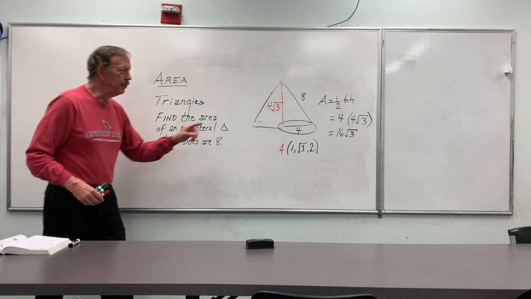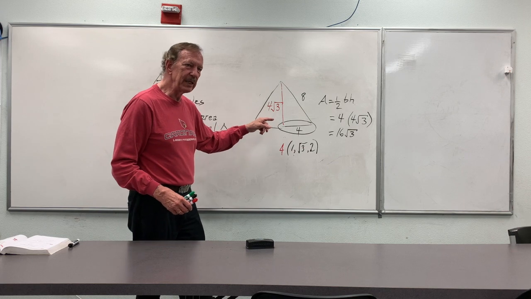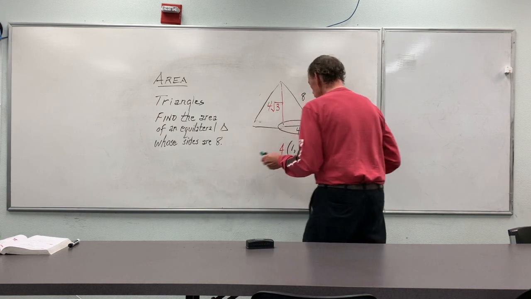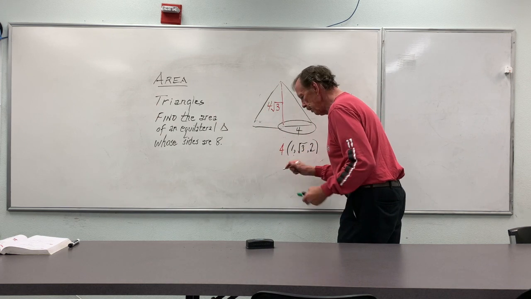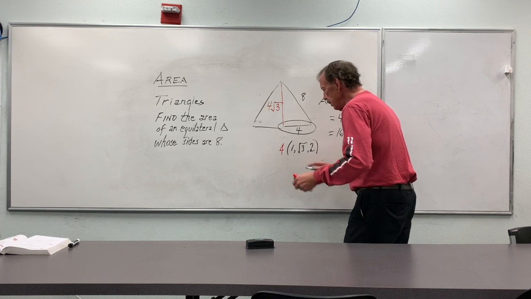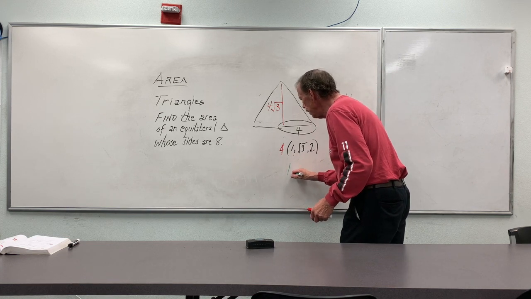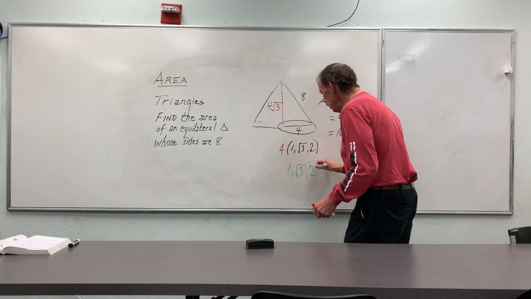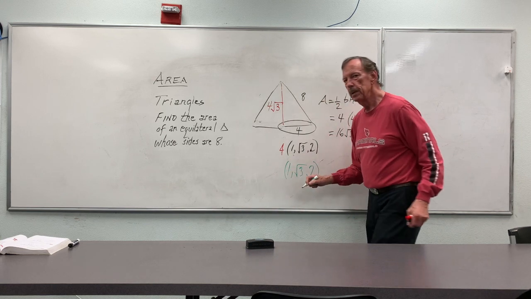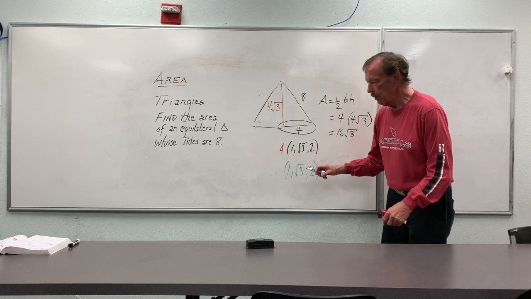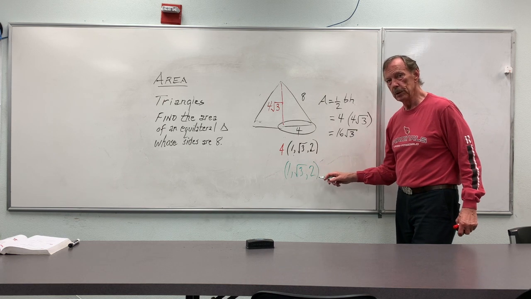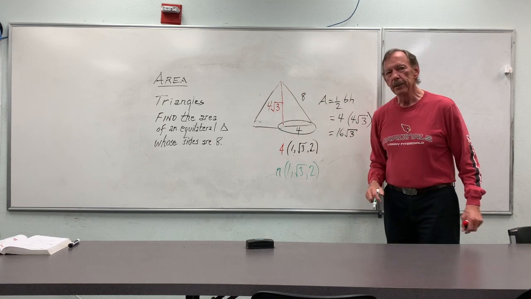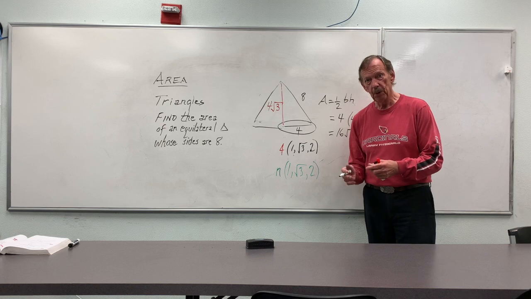Equilateral triangles give rise to this 30, 60, 90 triangle, and the relationship 1, radical 3, 2, times some multiplier, and there will almost always be a multiplier.